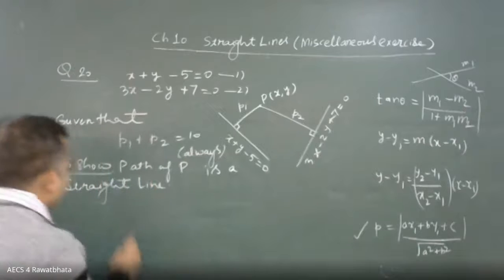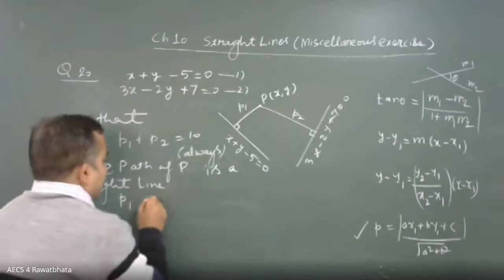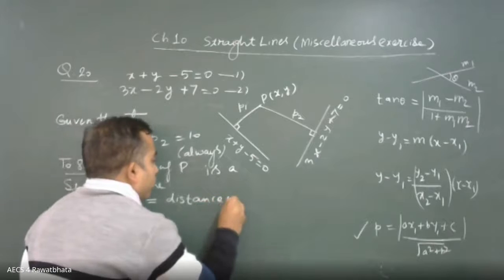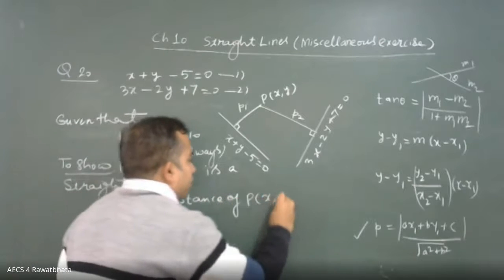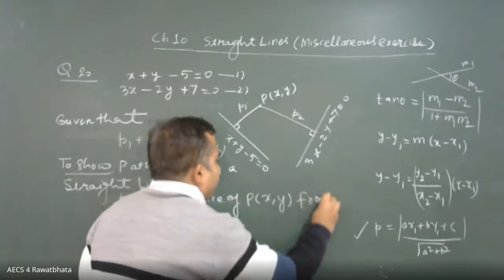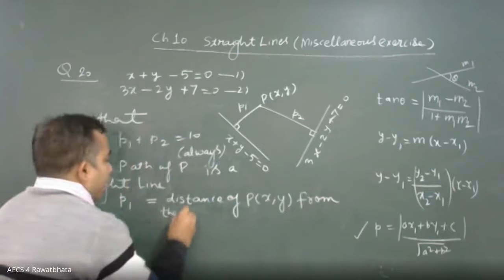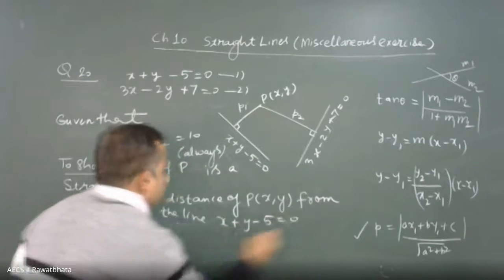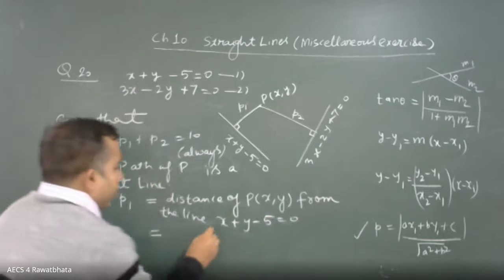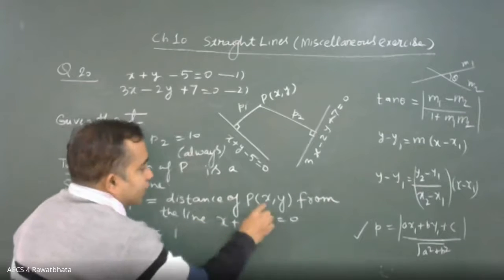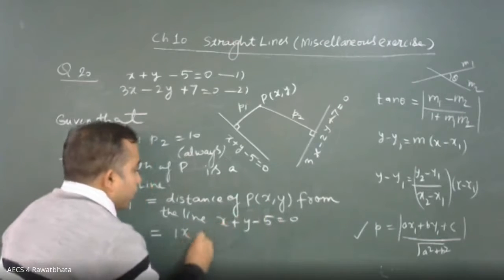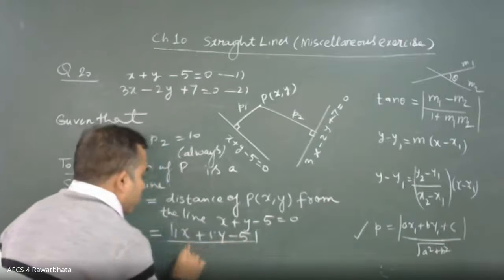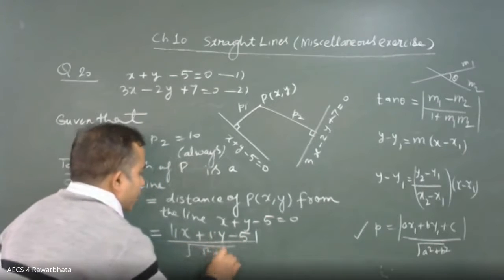Let me calculate p1. This is the distance of P(x, y) from the first line, x plus y minus 5 equal to 0. So apply the formula. This is going to be 1 as it is, and in place of x, the x coordinate, x only will come, plus 1y minus 5 magnitude divided by root of 1 square plus 1 square.